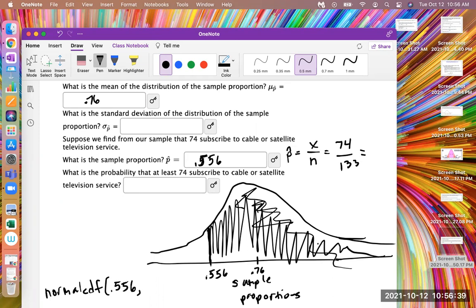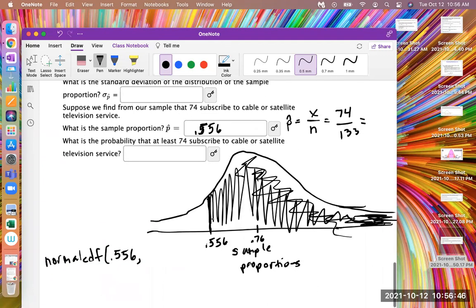It goes on to positive infinity. I can't put in positive infinity, so I put 1e99.